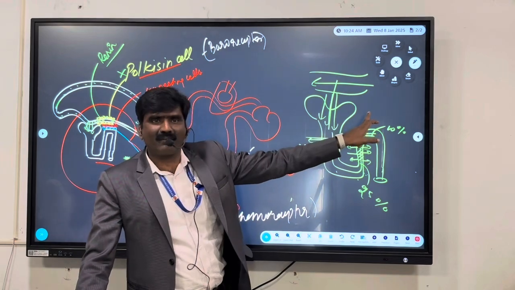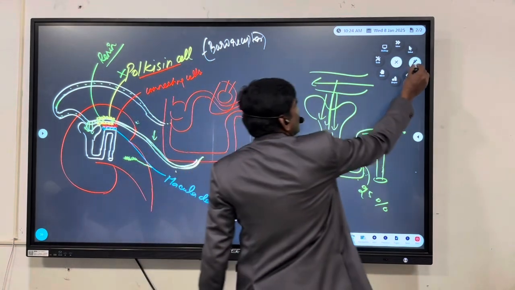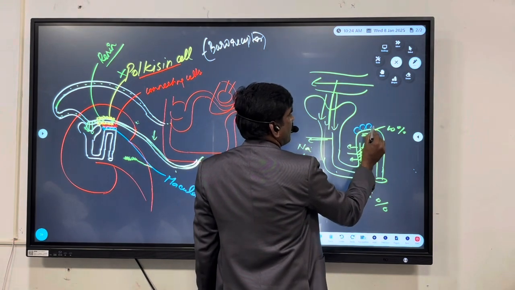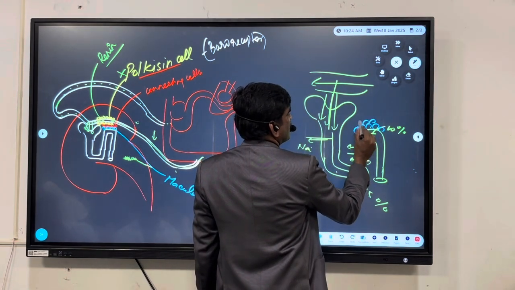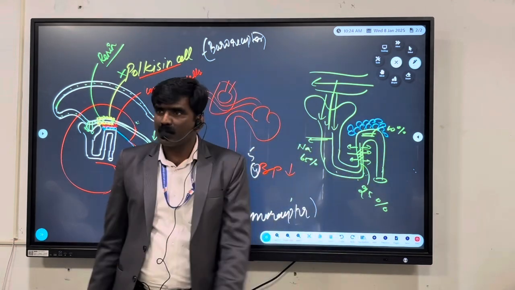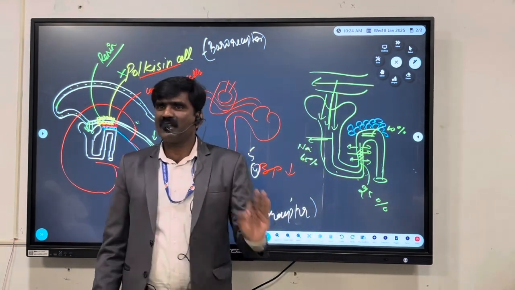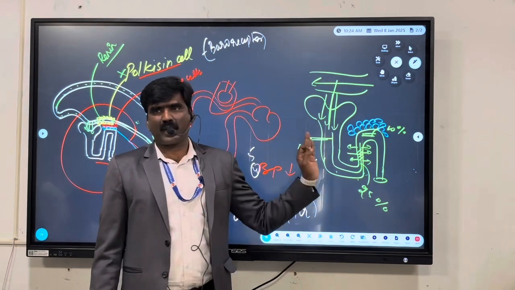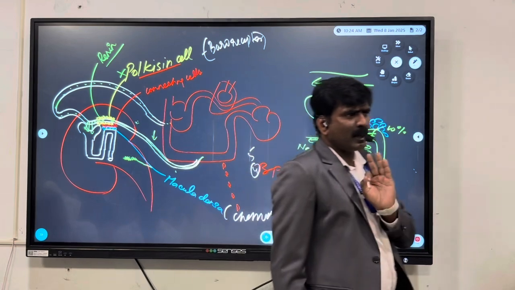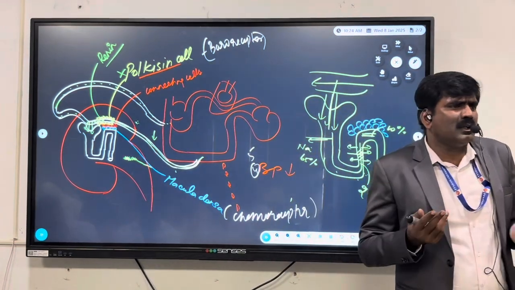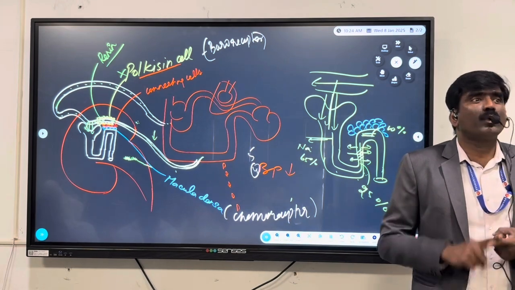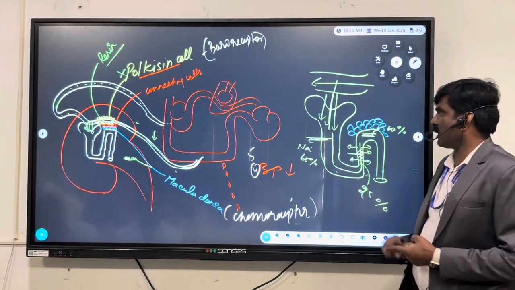Only 10% is available here. So what is present here? What is the name of the cell here? Macula densa. Macula densa is comfortable with 10% of sodium. They will not do anything, they will not be stimulated, they will not be activated when sodium level is 10%.